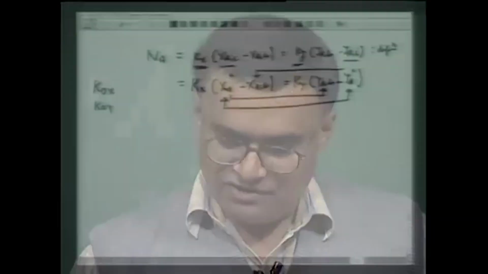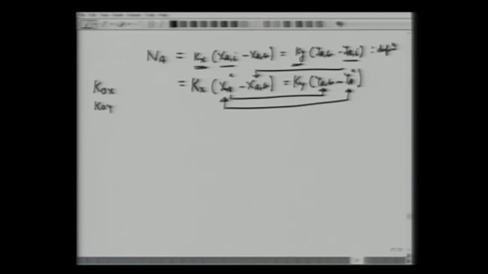Bulk concentration we can measure. So to avoid that, we define these two hypothetical quantities, YA star and XA star, as if we bring the entire liquid in contact with the gas, we will get YA star from thermodynamics. Or if we bring the entire gas in contact with the liquid, we will get XA star from thermodynamics.